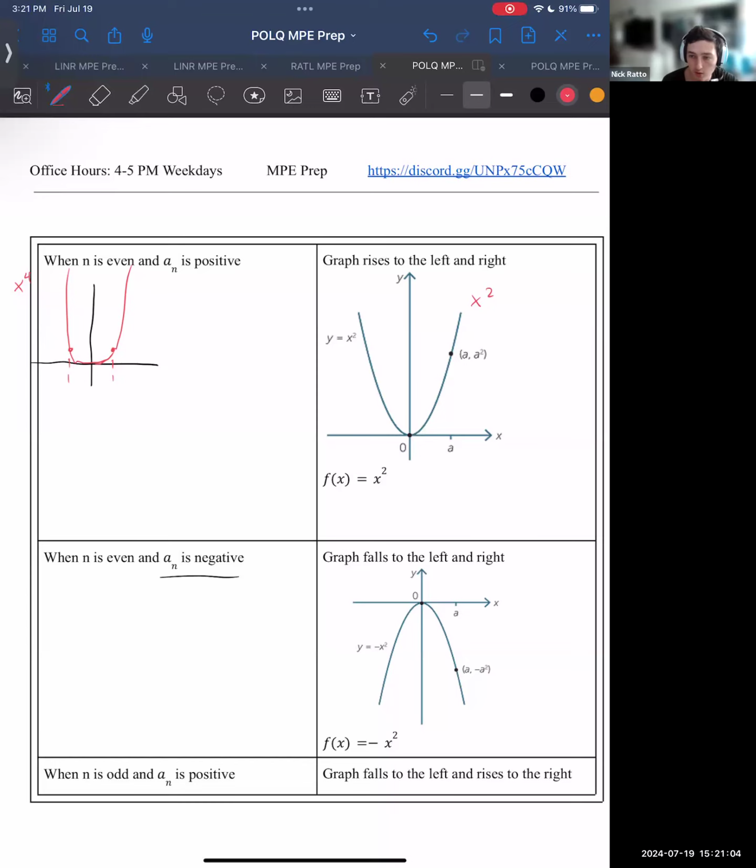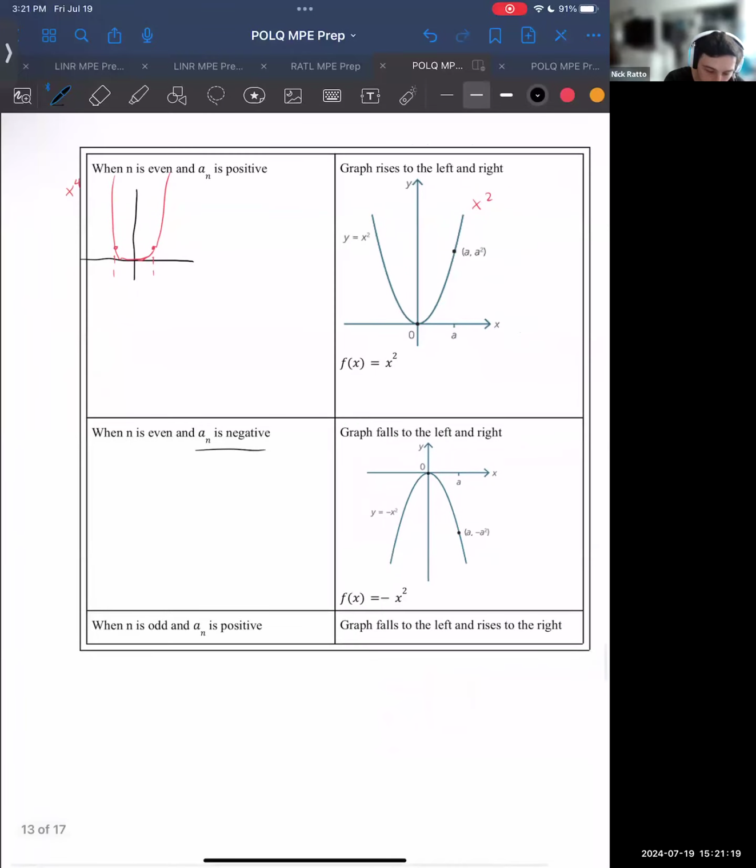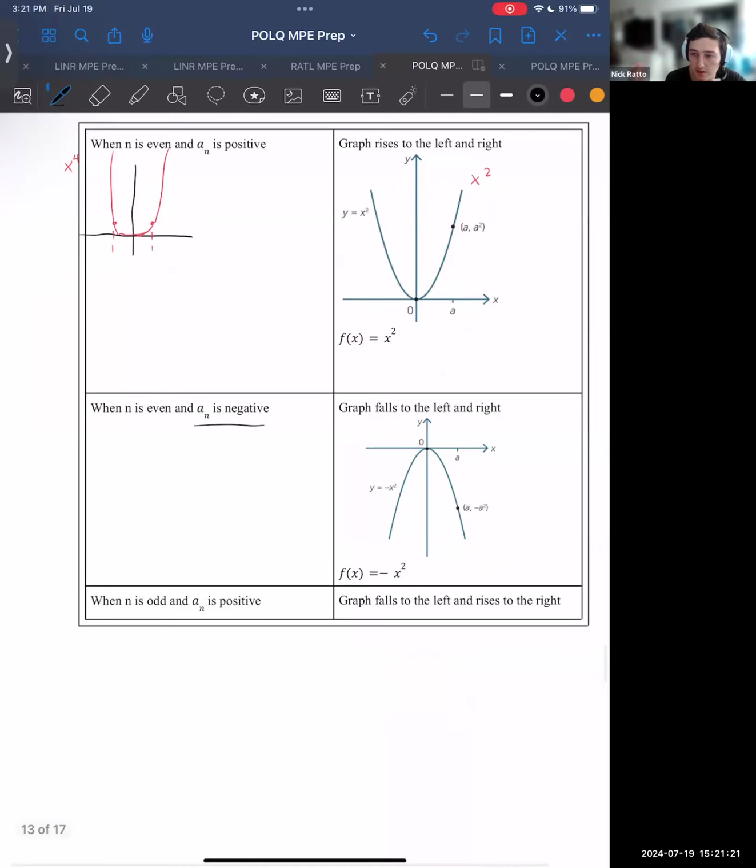So the main difference you're going to see as the power increases is the lower part is going to squish down and these parts are going to shoot off much faster. Hopefully that makes some sense, considering the power is bigger. And then obviously same thing, but just flipped for a negative sign.